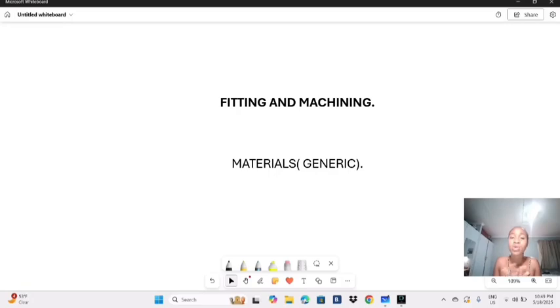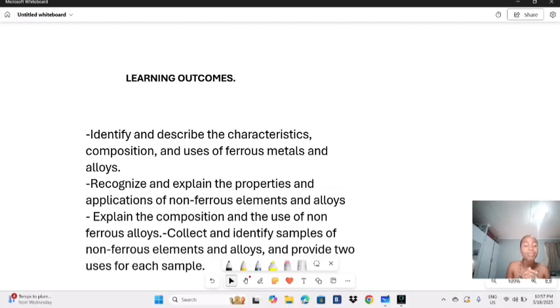Today we'll be dealing with materials, their properties and applications. We'll be exploring the characteristics, the composition and uses of ferrous materials and alloys, non-ferrous elements and non-ferrous alloys. We'll be able to identify and describe the characteristics, composition and uses of ferrous metals and alloys, and explain the properties and applications of non-ferrous elements and alloys.